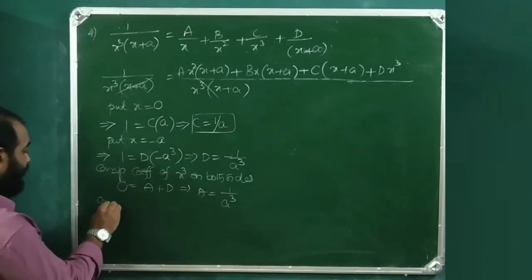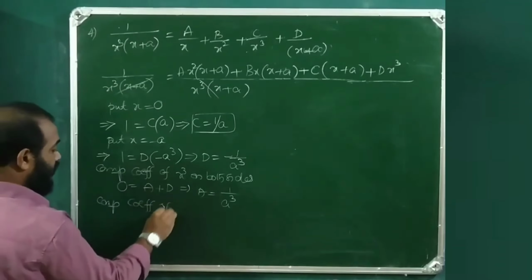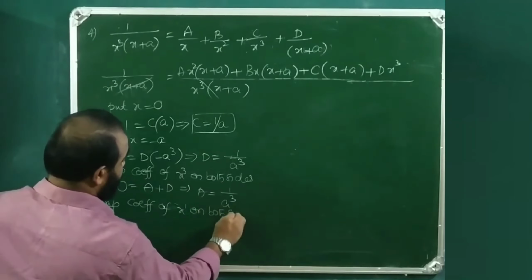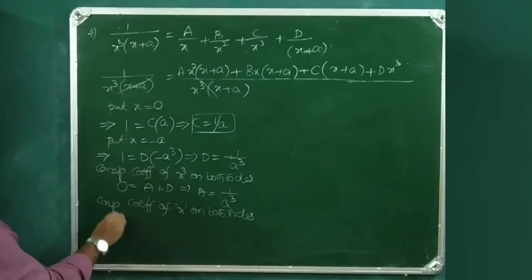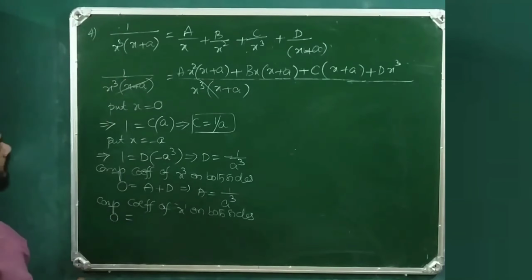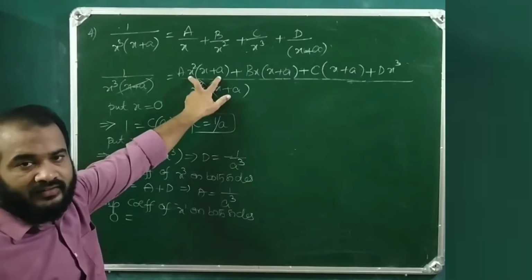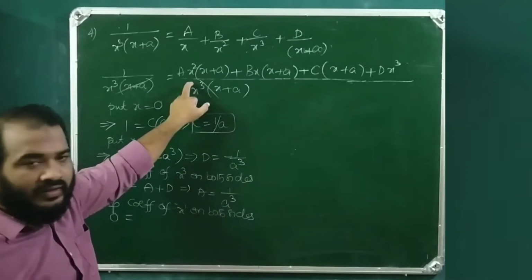Now comparing the coefficient of x on both sides. Here we don't have any x. So this is x cube plus ax square. So here x cube and x square coefficients are what we are getting.